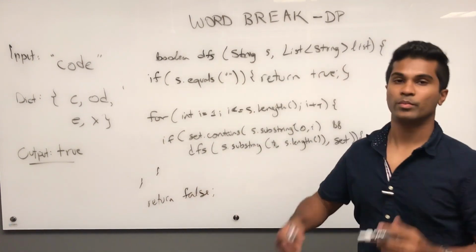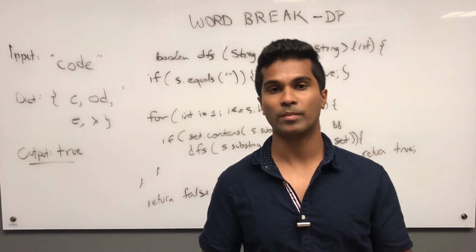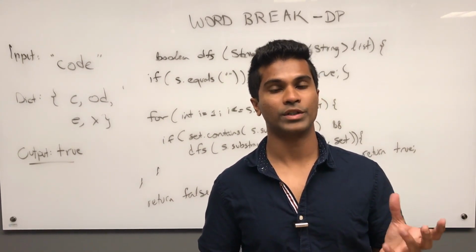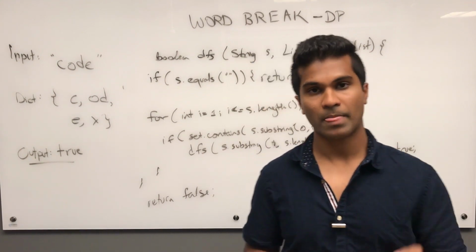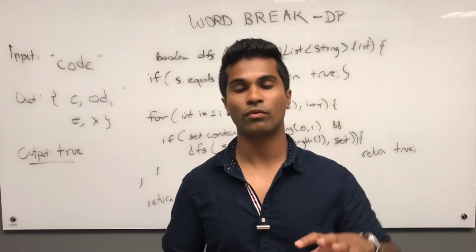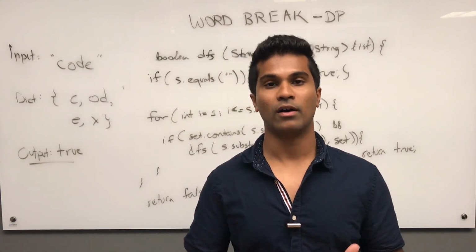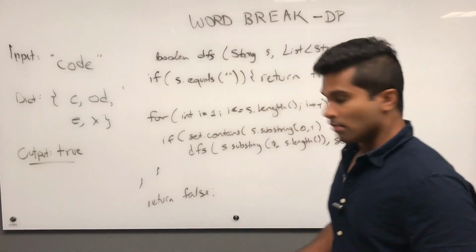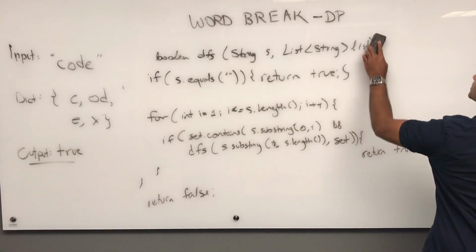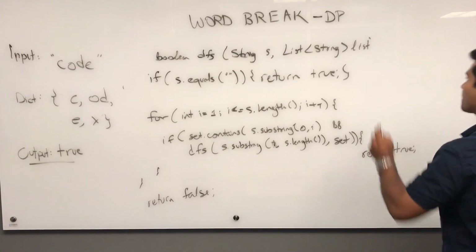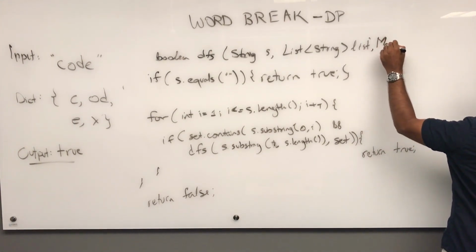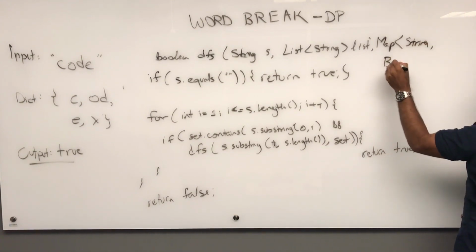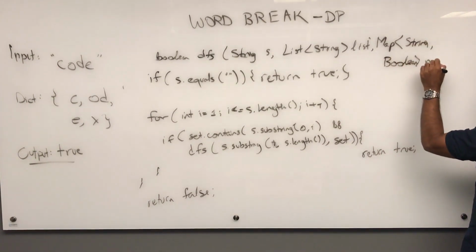So that's the plain recursive version. Let's see how we memoize this. To memoize, we use a data structure, in this case a hash map, where the key is a substring and the value is true or false, the value of the recursive calculation. Now we can say Map<String, Boolean> map.